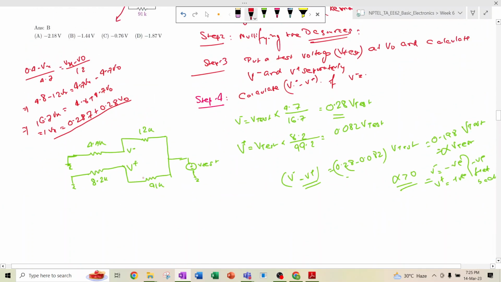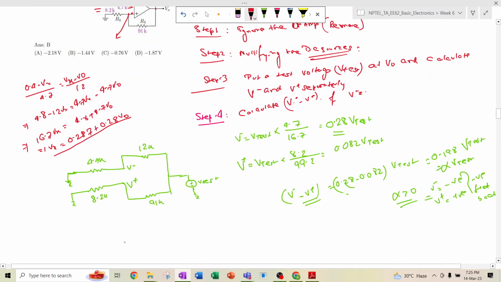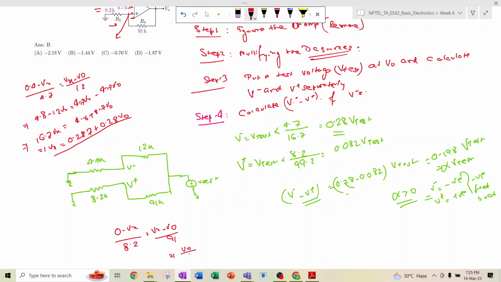Vo, that is 0 minus Vx divided by 8.2k, whatever the current is flowing through this terminal, is equal to Vx minus V0 divided by 91k, because no current is flowing through the op amp terminal. So it is VO divided by 91 equal to Vx times 1 divided by 91 plus 1 divided by 8.2.